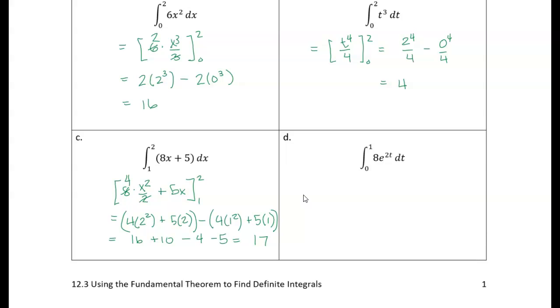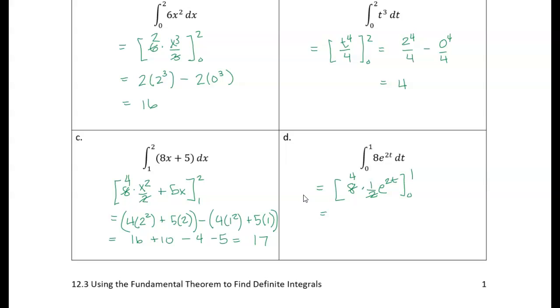Here's another one. We want the antiderivative of 8e to the 2t. So we'll just stick the 8 out here, and then we're going to have 1/2 e to the 2t, evaluated from 0 to 1. Let's plug in the limits. This I can make into a 4.